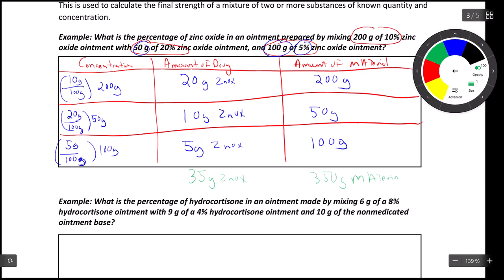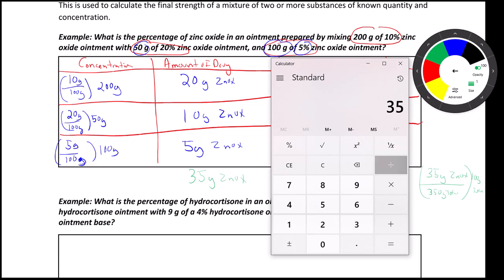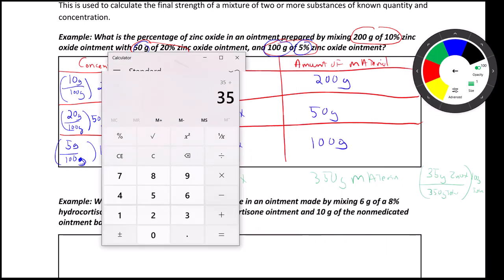My concentration says that there's 35 grams of the zinc oxide in every 350 grams total. How much if I want out of 100 grams total? That's how we get our percent. So let's take our calculator. We have 35 grams of drug in the 350 grams total. Times that by 100. Let's do that one more time.